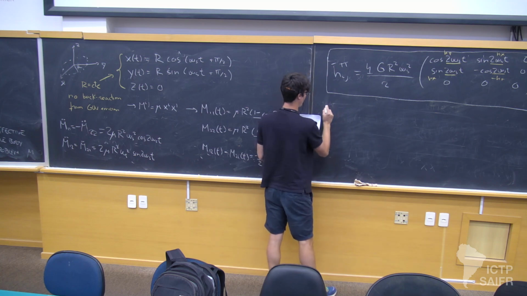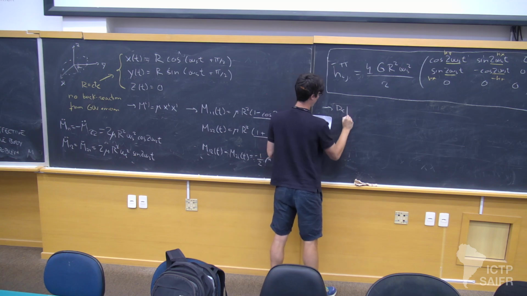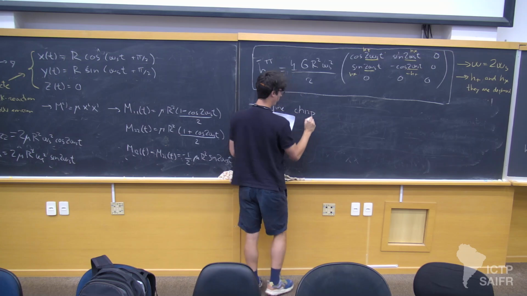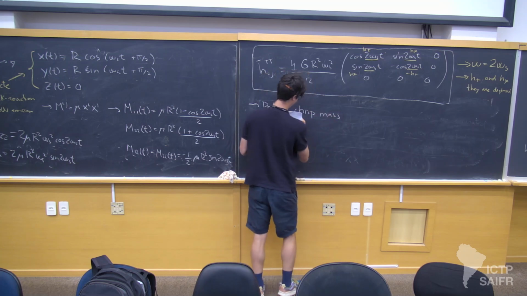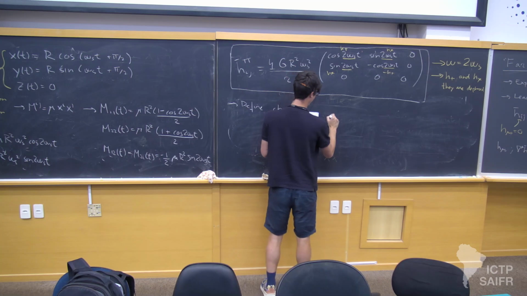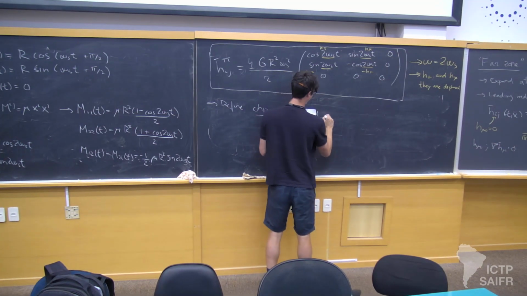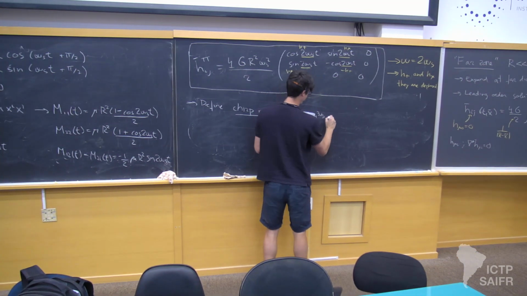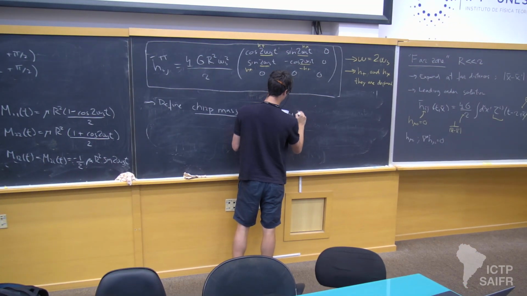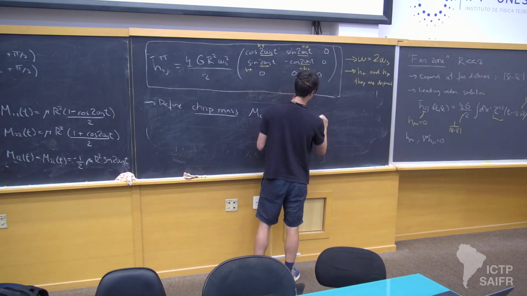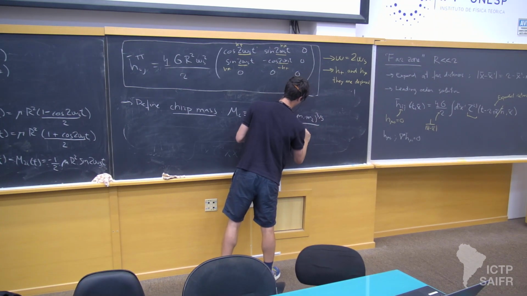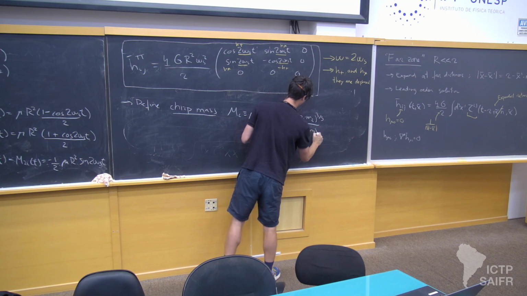So if we define this new variable, which is called the chirp mass, this chirp mass is a combination which is strange, but is the reduced mass to the 3/5 times the total mass to the 2/5, which is also equal to m1 times m2 to the 3/5 divided by m1 plus m2 to the 1/5.